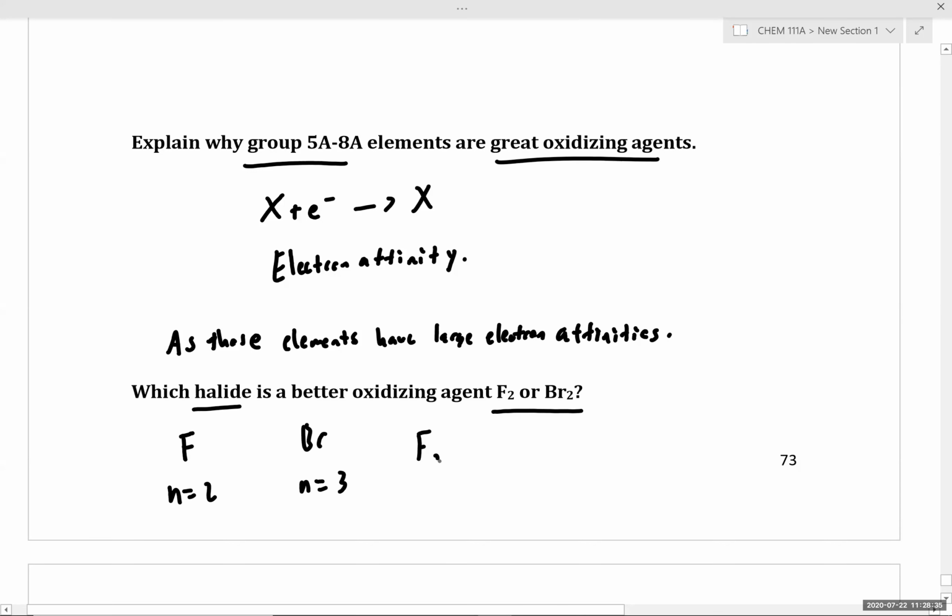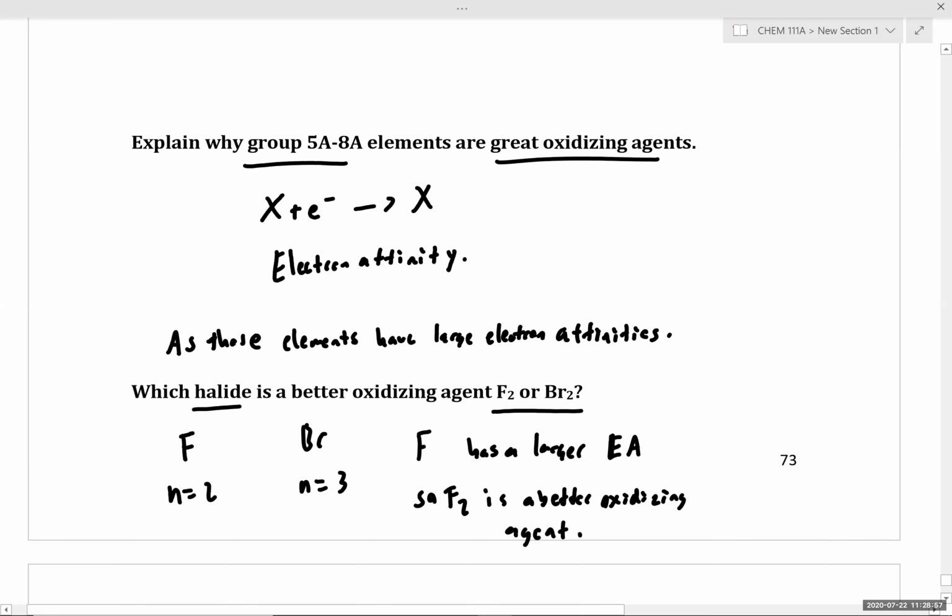We see that fluorine has a larger electron affinity. So fluorine gas is a better oxidizing agent. We would expect that, at least.